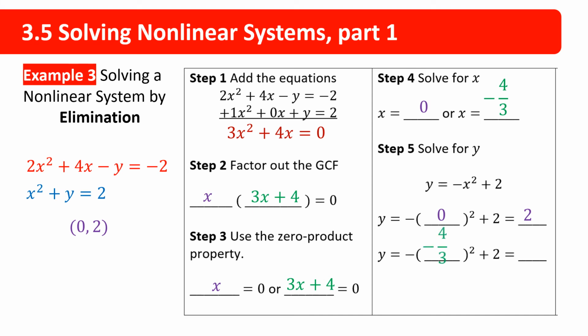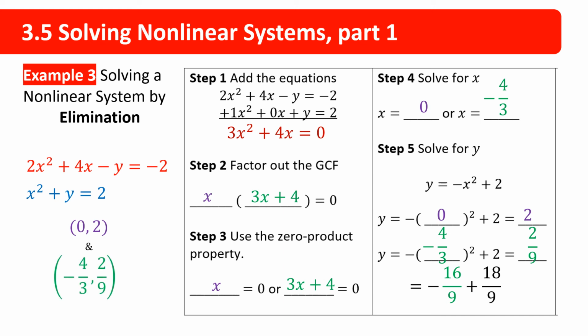If we take the negative 4/3 and square it, we're going to get a positive 16/9. But then remember there's a negative on the outside, so that becomes negative 16/9. If we want to add that to 2, I want to find the common denominator, so I convert that over to 18/9, and I come up with a positive 2/9.